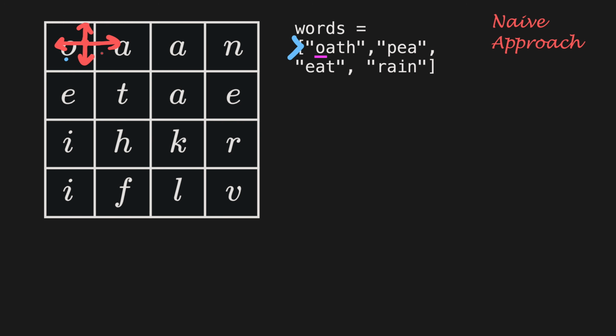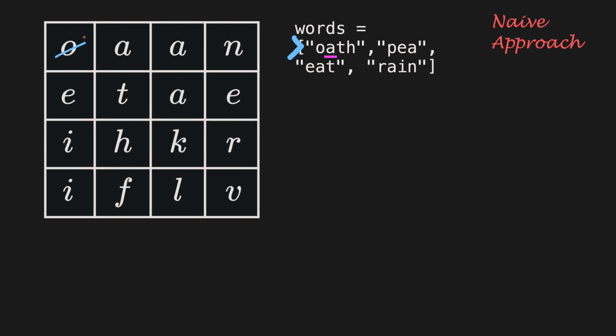Now, to ensure we don't reuse the same cell for the same word, we'll use backtracking. We mark the cell as visited before exploring its neighbors, and then unvisit it after the exploration from that path is complete. So, we visit O and try the search for A in 4 directions.